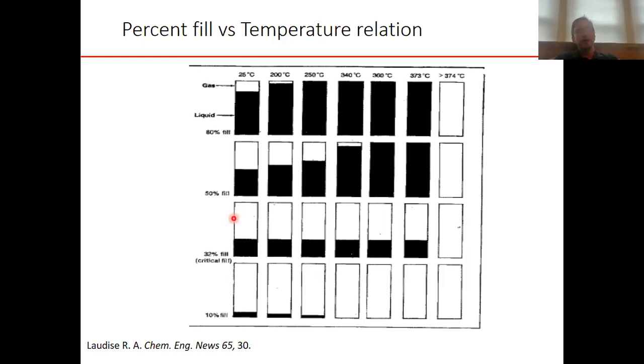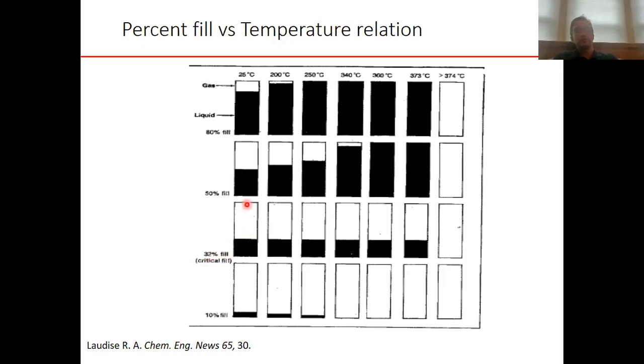So now, above the critical fill rate, the thermal expansion of the liquid dominates the overall behavior, while below the critical fill rate, the vapor pressure effect is dominant. And at the critical fill rate, which is exactly 32%, these effects are exactly equal.